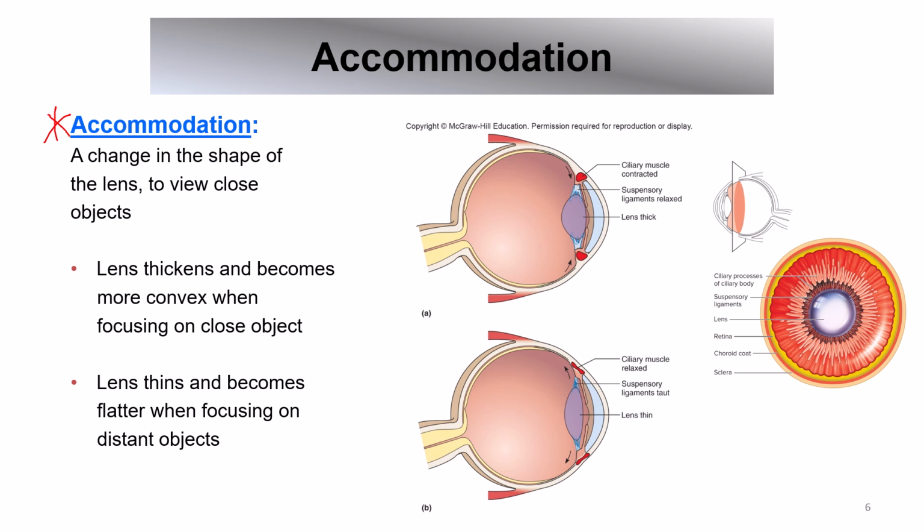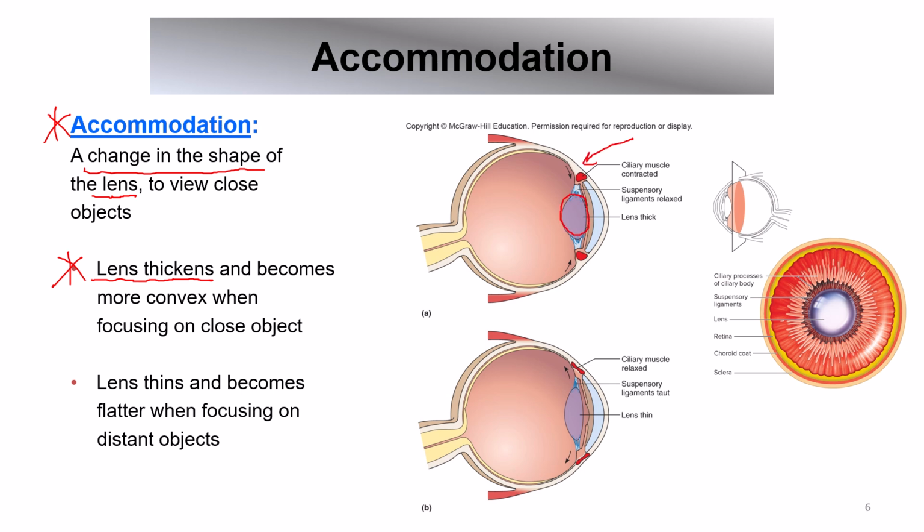Know what this word means: accommodation, change in the shape of the lens. That occurs in order to view close objects. Okay, so know that the lens ends up becoming thicker, becoming more convex, meaning rounder, which we see in this top picture here. Here the lens becomes rounder.